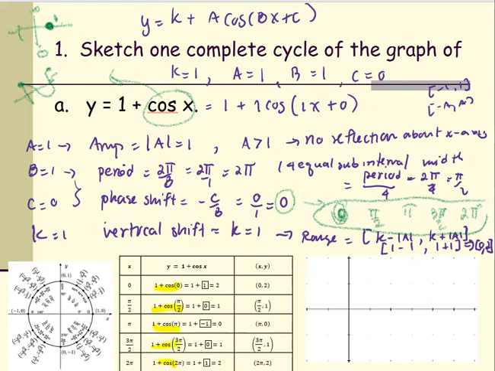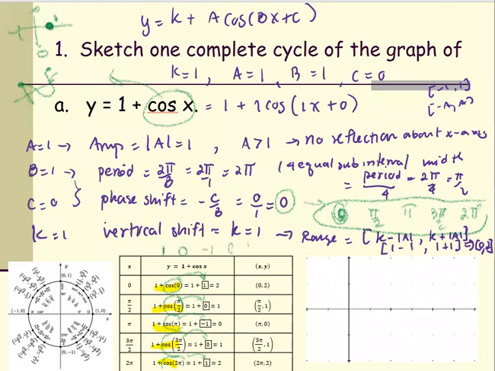Cosine at 0, the value is 1. Cosine at pi over 2, the value is 0. Cosine at pi, the value is negative 1. Cosine at 3 pi over 2, the value is 0. Cosine at 2 pi, the value is 1. You see the list of numbers for the 5 key values: 1, 0, negative 1, 0, and 1.